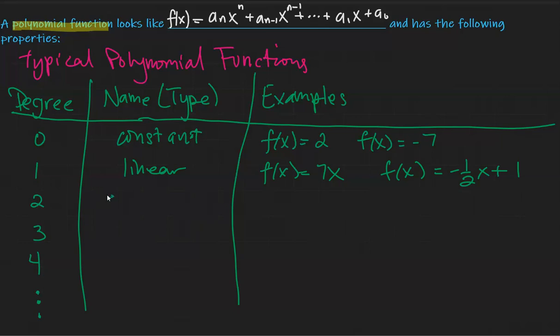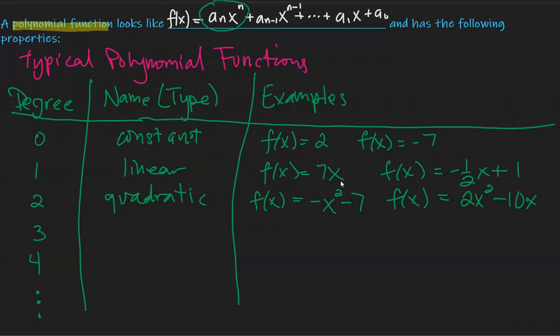Okay, degree 2, you're also familiar with those. Quadratic. Those are the ones we studied in chapter 4. So we have ones that look like -x² minus 7. I'm using 7s a lot for some reason. F of x is equal to 2x² minus 10x, right? So notice that even though the polynomial is defined to be all these terms, the only term that's required is the first one, right?